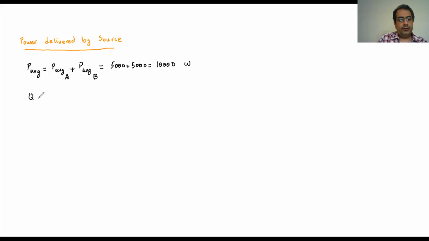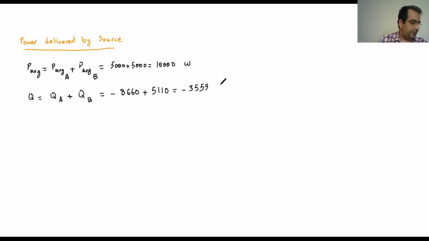Similarly, the reactive power delivered by the source should be equal to the reactive power used by those two elements. So we have negative 8660 plus 5110 for A and B. You add them, and we end up with negative 3559 var.